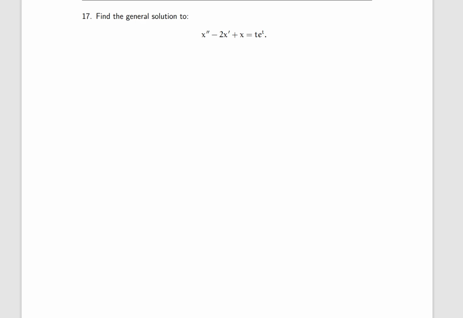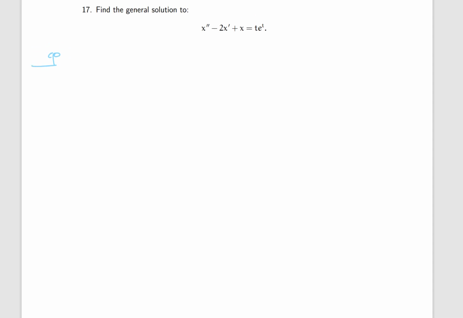Okay, so step one, if you're using variation of parameters or undetermined coefficients, step one is going to be to find the general solution to the corresponding homogeneous equation. So x double prime minus 2x prime plus x is equal to 0.